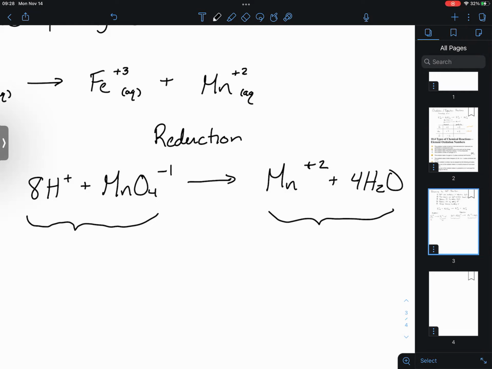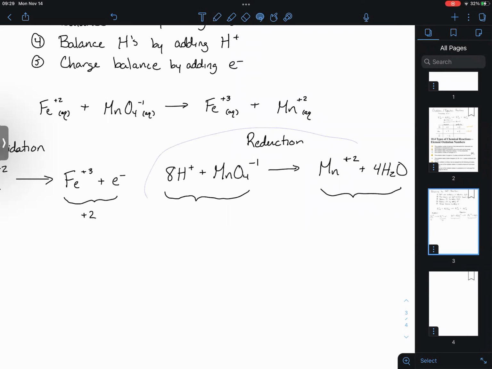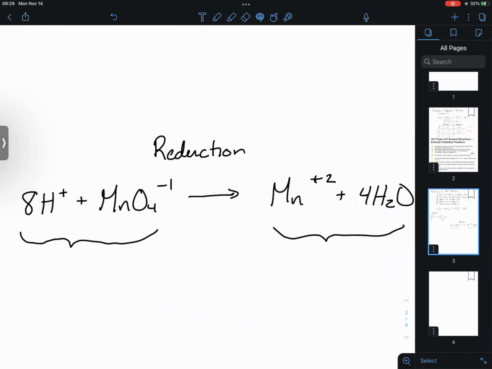Okay, everybody take a minute and see if you can figure out what the net charge is on either side of this reaction. You can enter it in as an iClicker here. What is the net charge on the left-hand side?